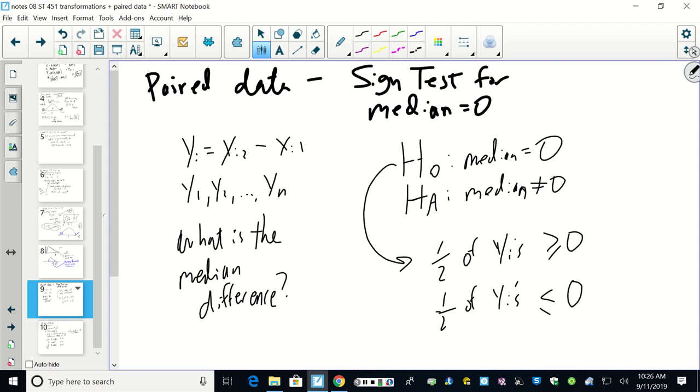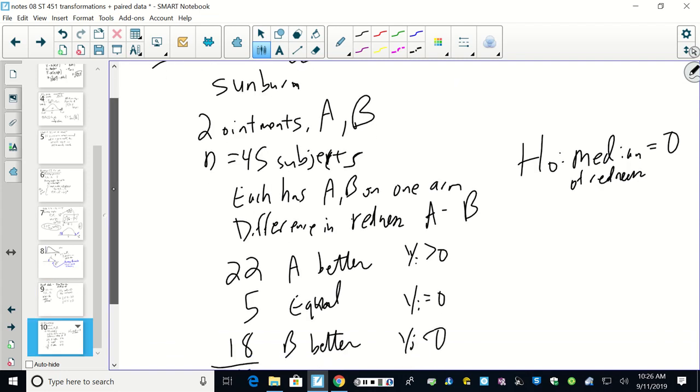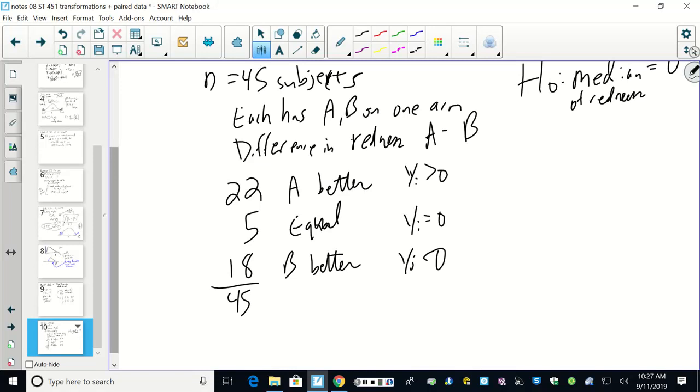At 0, if it can be a tie, that creates a little bit of an issue to think about in computing, but we can look at this here. We had 22 that were greater, so we can ask what's the probability that 22 out of 45 are greater than 0.